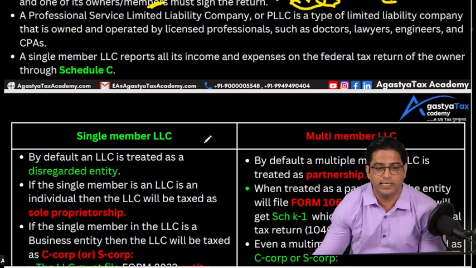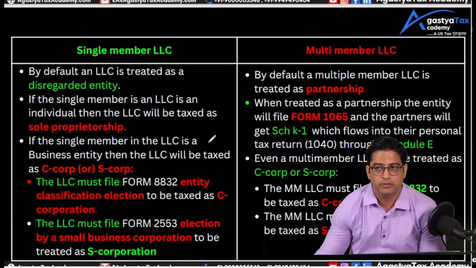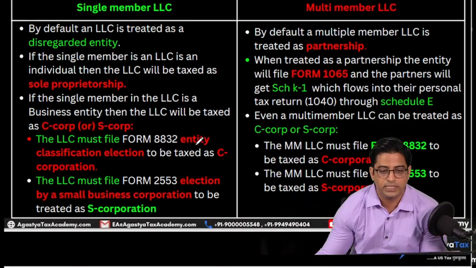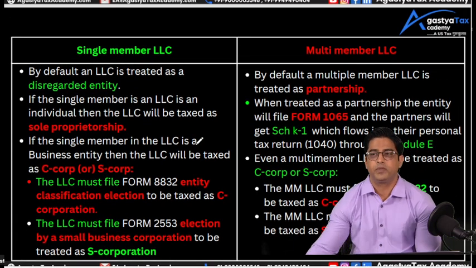Next, please make a T table: single member LLC and multi-member LLC.